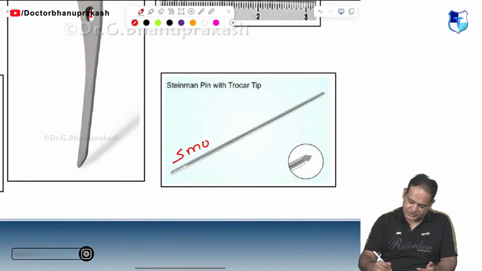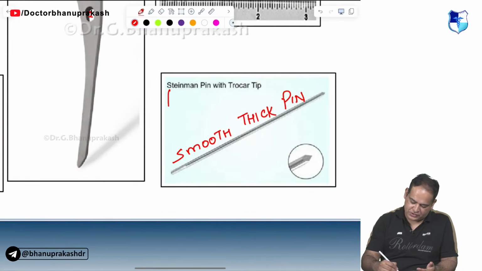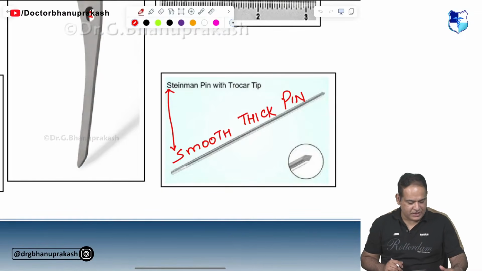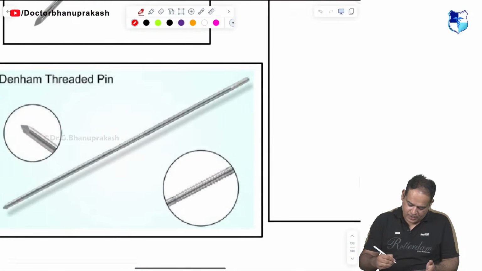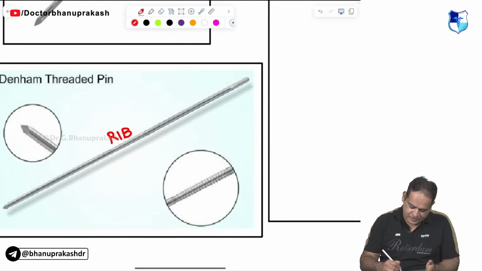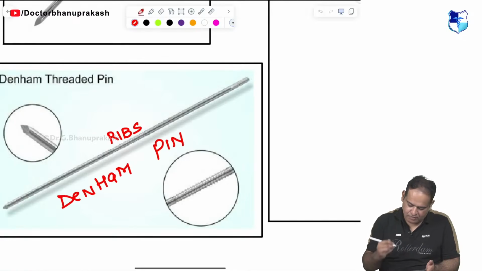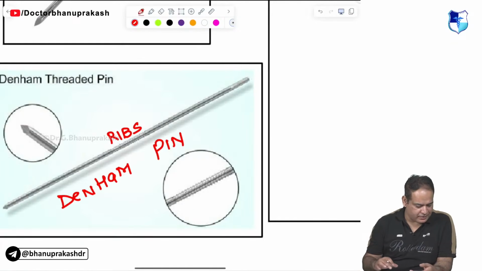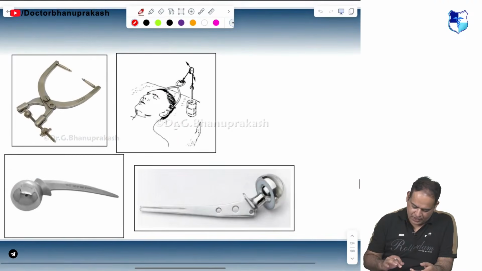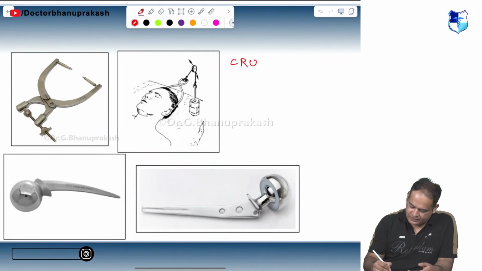If there is a smooth, thick pin, S for smooth, S for Steinman, that is a Steinman pin. Now if you see ribs, then that is a Denham pin, right?